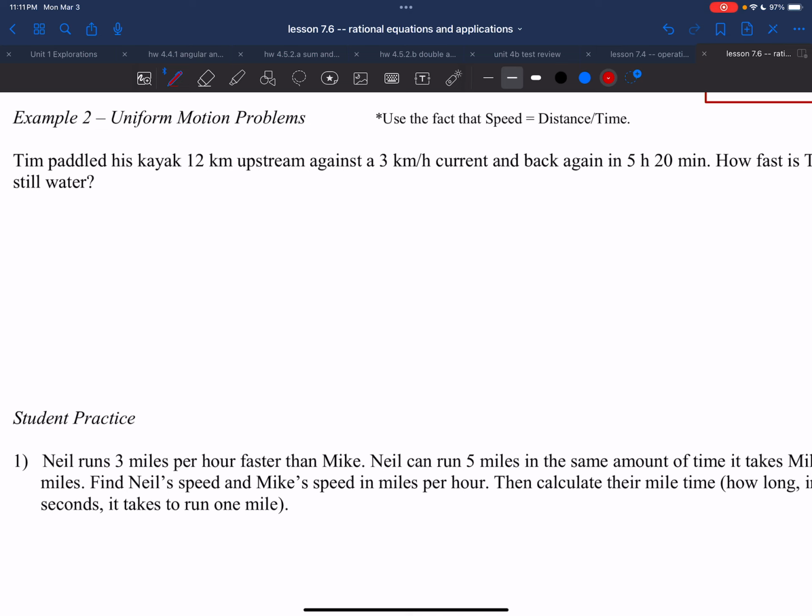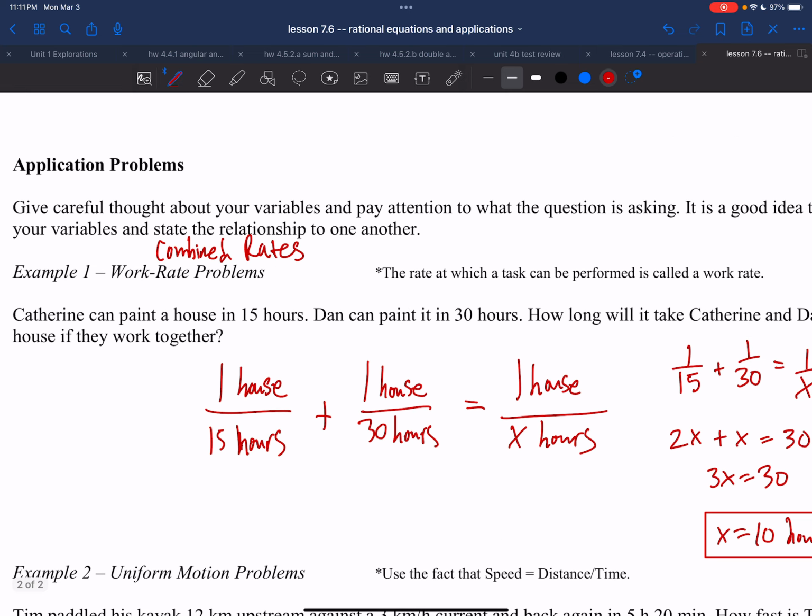Also, when doing these kinds of problems, it's not really the same setup every time. When it comes to work rate, it's always adding or subtracting rates because things either work together on the same task or one thing does one task and the other does another. By the way, if you're saying, what does he mean by that? Well, remember my machines?